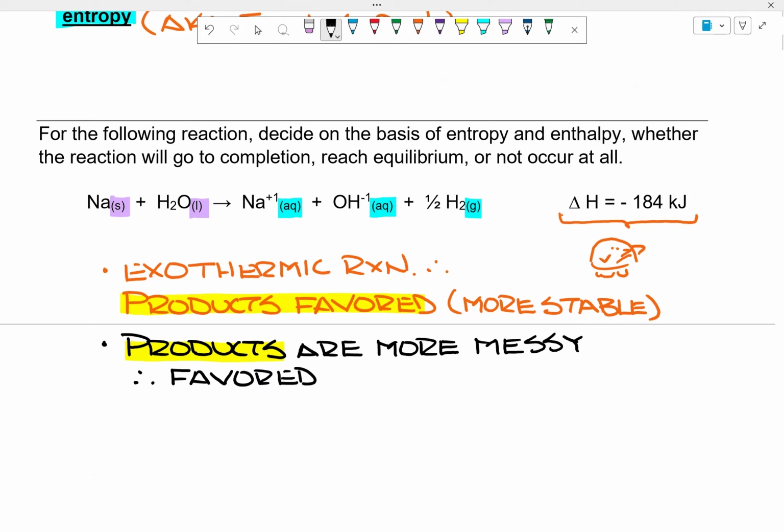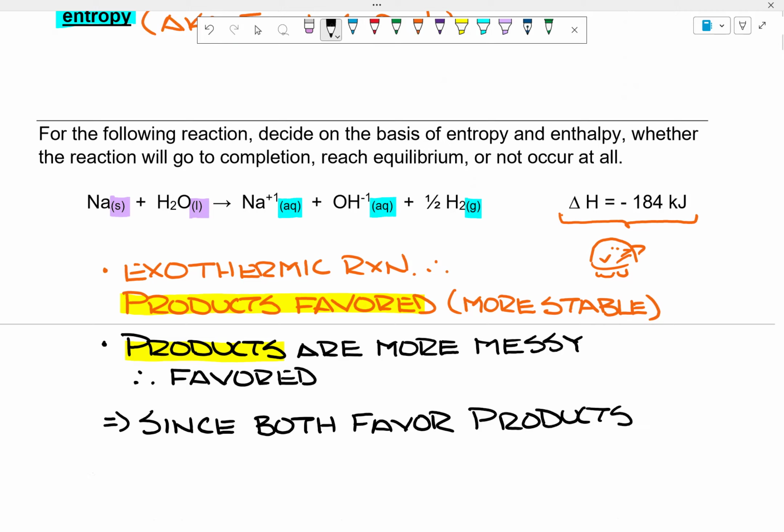So in this particular case, since both favor products, therefore the reaction goes to completion.